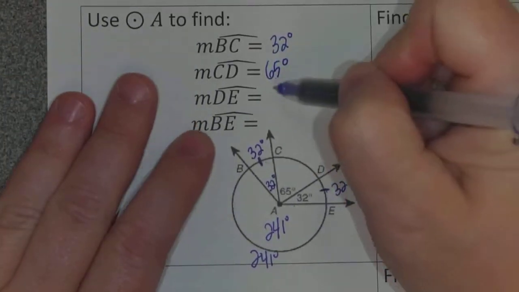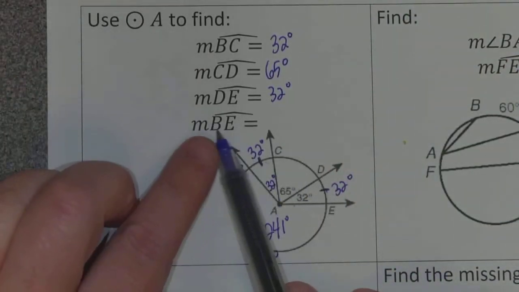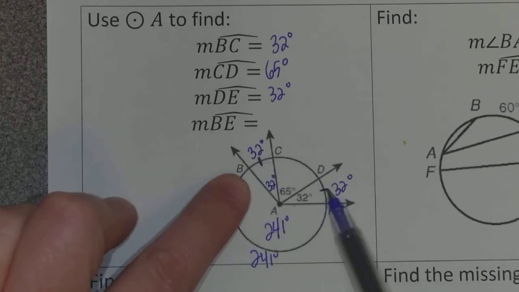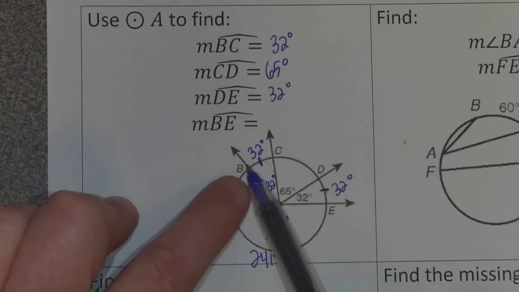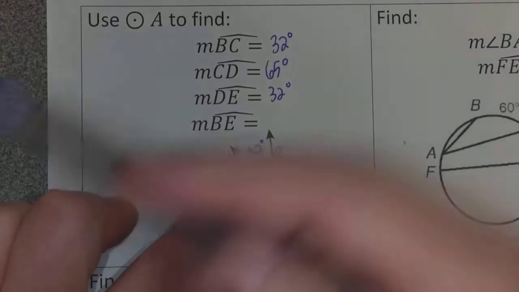Yeah, DE is 32, and BE. Now remember, this is the minor arc, which really means it's going from B to E this direction, because this one would be a major arc. So from B to E this direction, how many degrees does that measure? 129. Thank you.